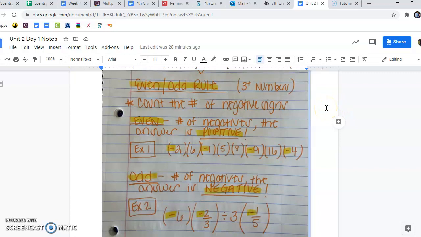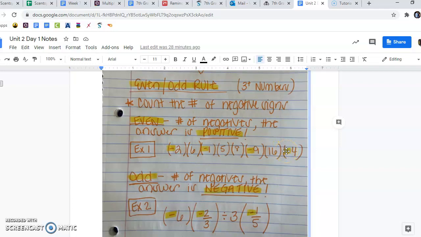So what we use for multiplying and dividing, if you have 3 or more numbers, is the even odd rule. So the first thing you're going to want to do is count the number of negative signs. If you have an even number of negatives, the answer is positive. So in example 1, if we count, we have 1, 2, 3, 4.